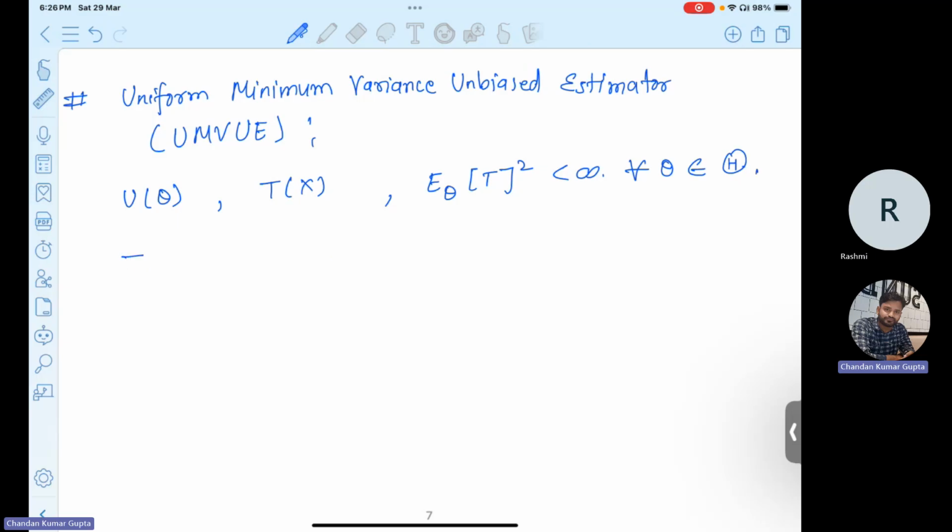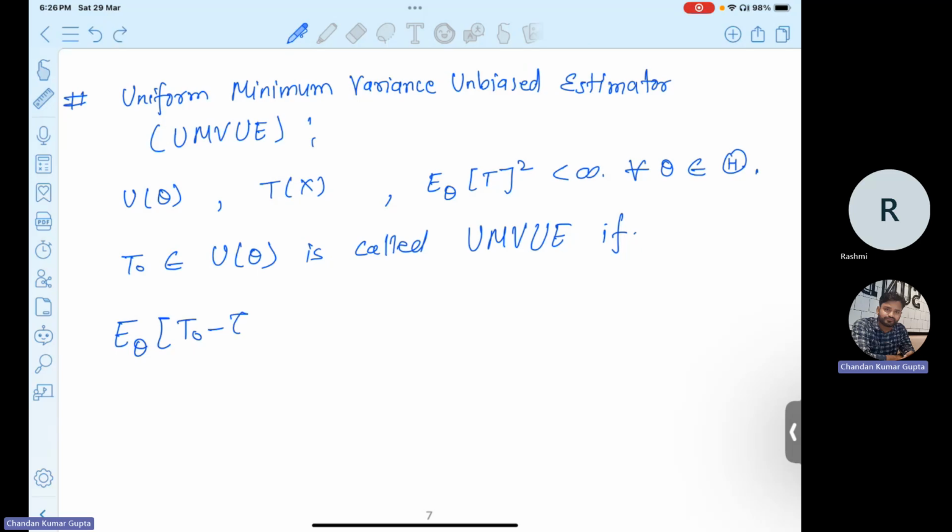Then T naught, belonging to the class of all unbiased estimators, is said to be a uniformly minimum variance unbiased estimator if the expected value of (T naught minus theta) whole square is less than or equal to the expected value of (T minus theta) whole square for all theta belonging to capital Theta.